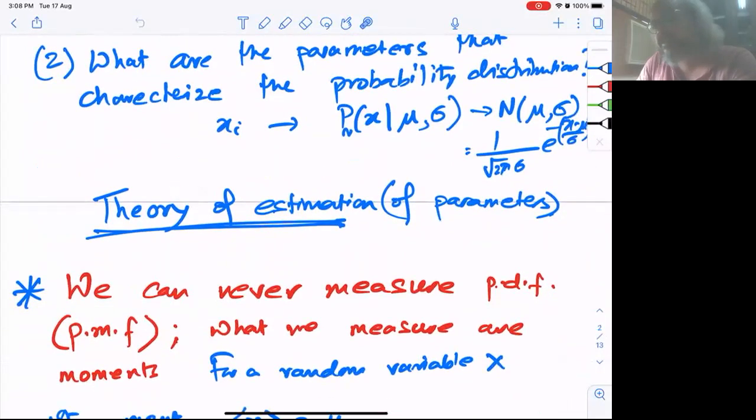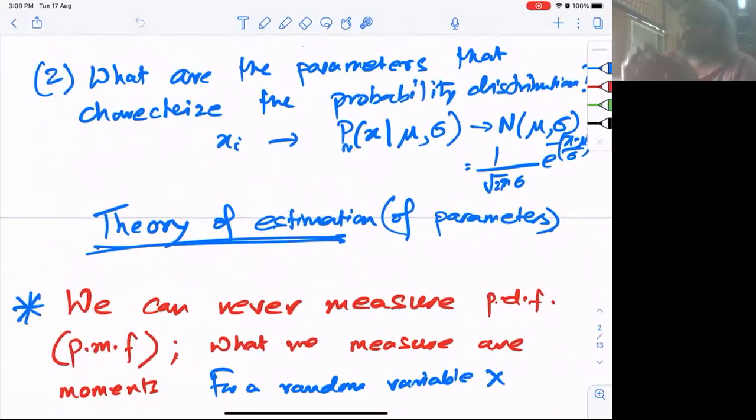The other kind of question that people ask is: suppose I know some underlying distribution. I have used the theory of inference very carefully and got the underlying distribution of this derived quantity Z, or this weighted sum of all these random variables. Now I have a new set of data x_i, and I am told the underlying distribution is, let's say, a Gaussian or a Poissonian distribution with some parameters.